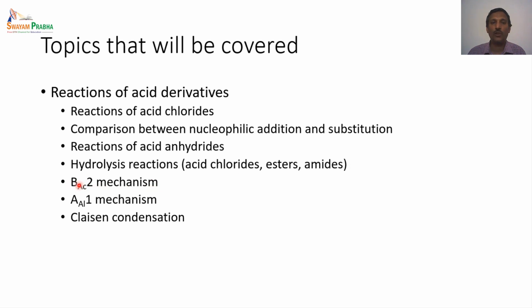We will be studying about the base catalyzed acyl oxygen cleavage bimolecular reaction. We will also be studying about the importance of acid and base catalyzed alkyl oxygen unimolecular hydrolysis reaction. We will also be studying about Claisen condensation.